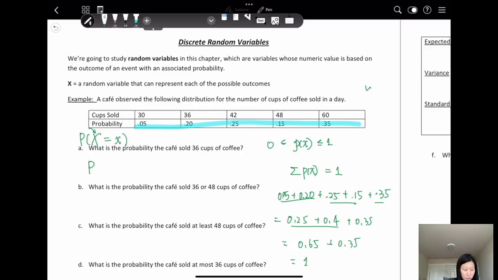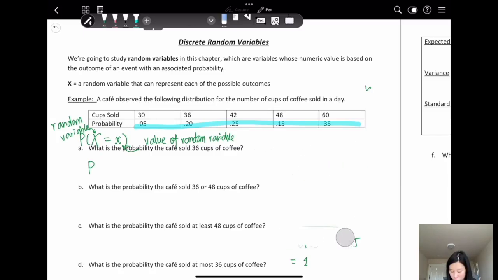The capital X means the random variable, and the little x means the value of the random variable. Now let's look at the first question.